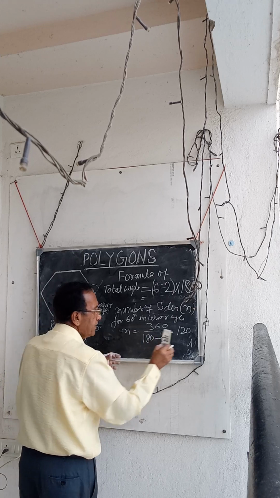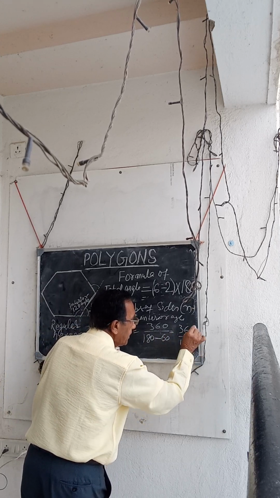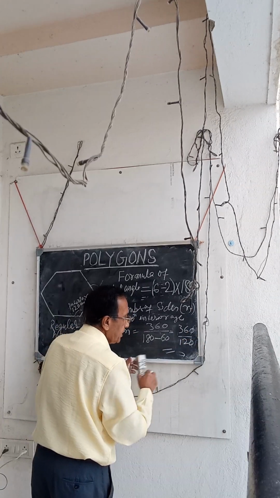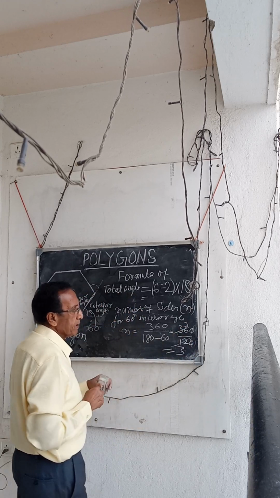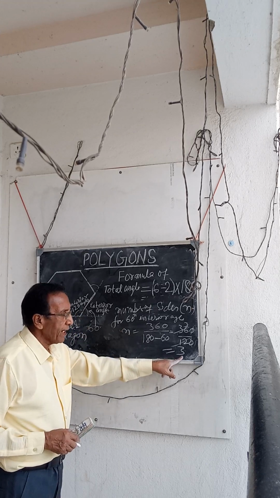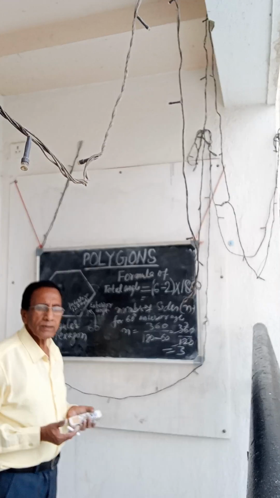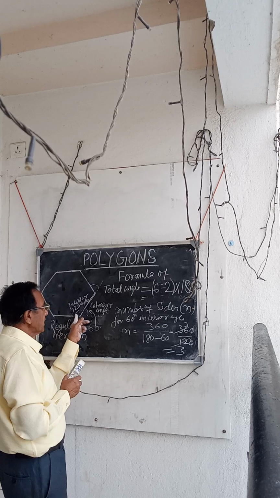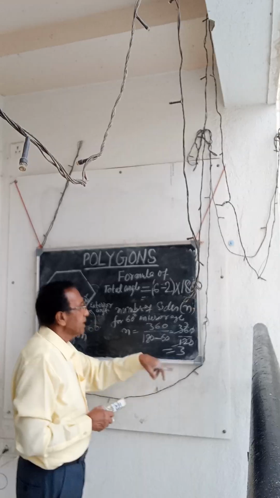After cancellation, it will be 360 divided by 120, which is equal to 3. So for a 60-degree interior angle, the number of sides is 3. It means the shape is an equilateral triangle. When the internal angle is given 60 degrees, the shape is an equilateral triangle.